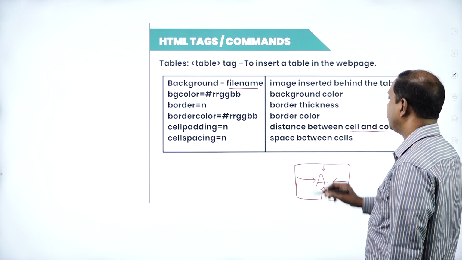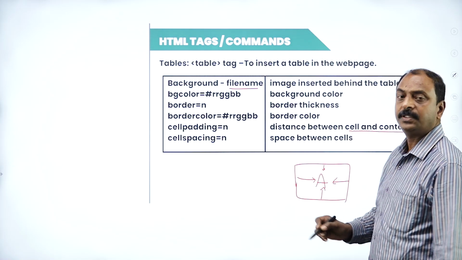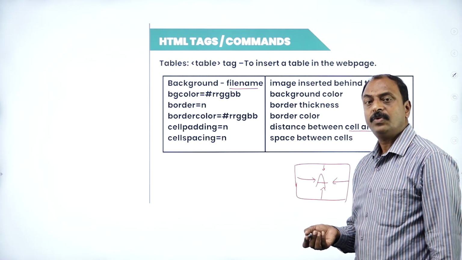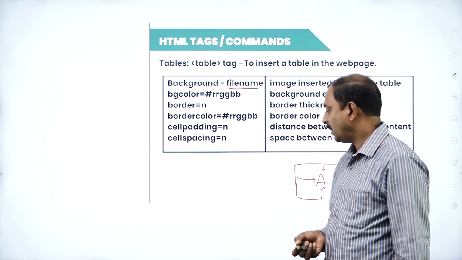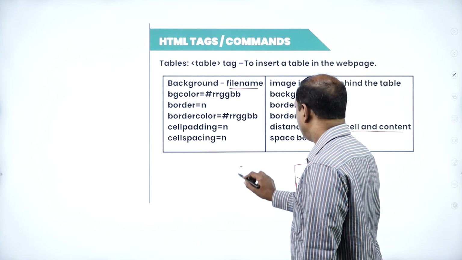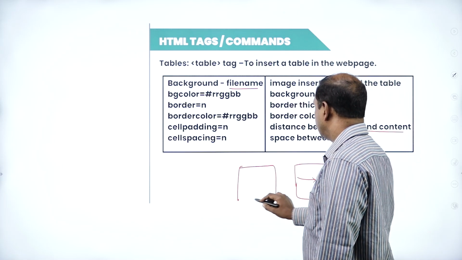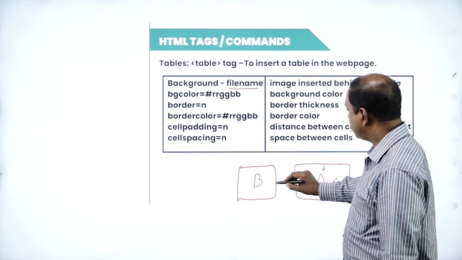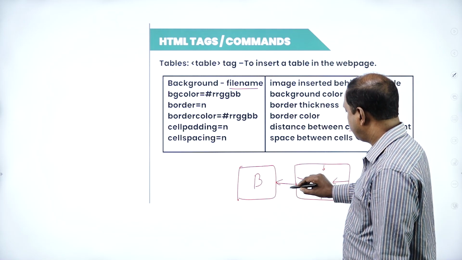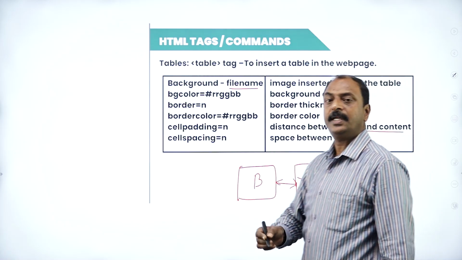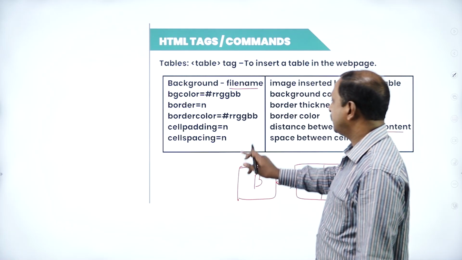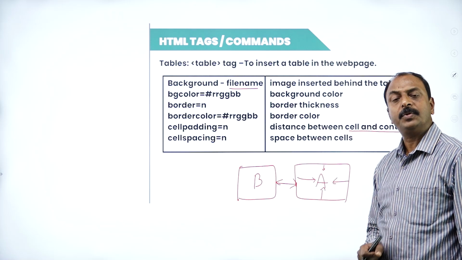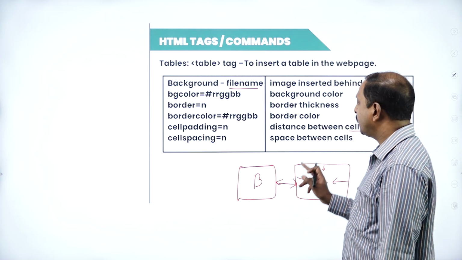What is cell spacing? It is the space between the cells, because a table is made up of a number of cells in the form of rows and columns. Suppose we have one more cell with B as the content. The distance between two cells in a table is called cell spacing. These are different attributes that can be used in the table tag.